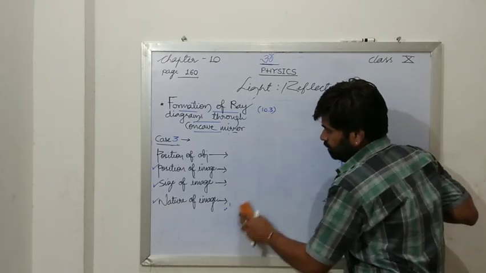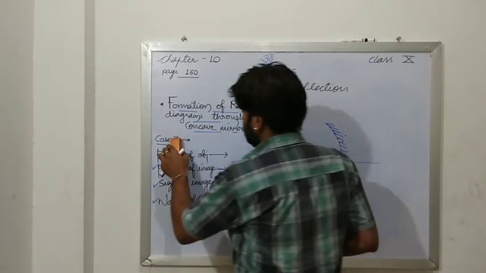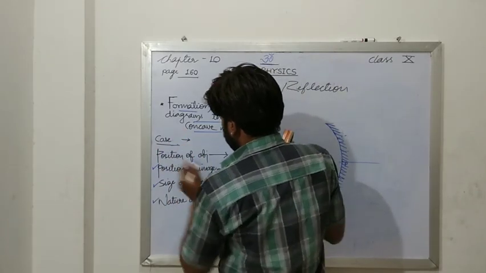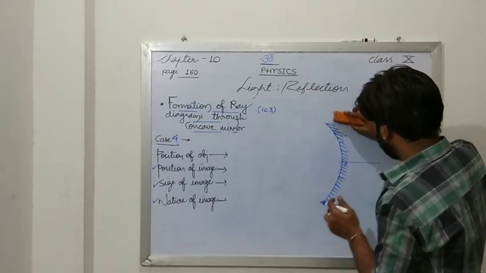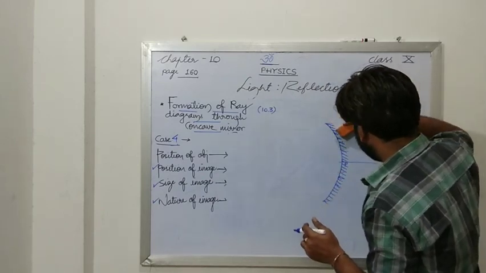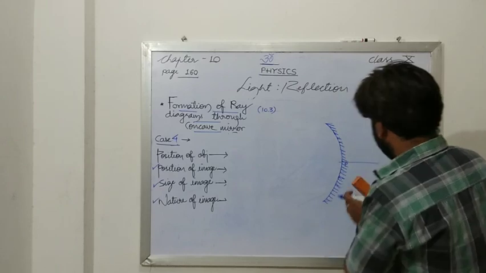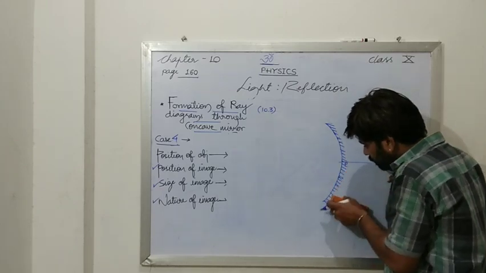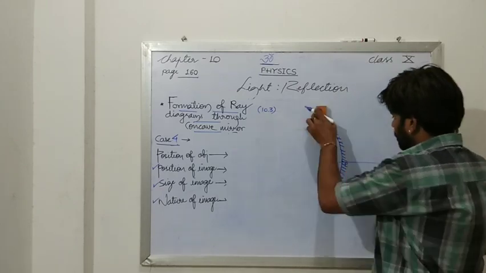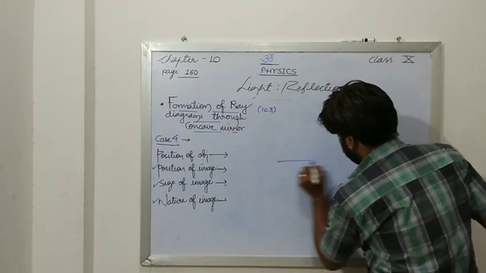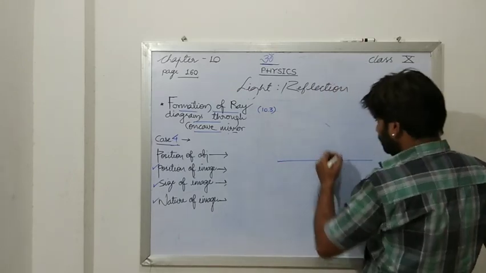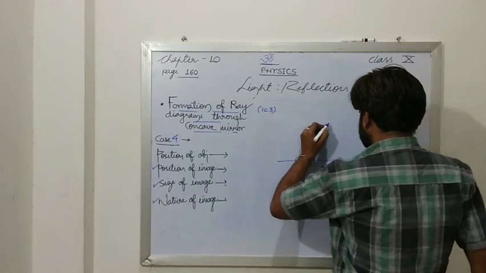In case number 4, again you have to draw this diagram accordingly. Yes, this is the 4th time you are going to draw the diagram. Let me draw the diagram again. If you draw the diagram, then you have to follow the Astra 1.